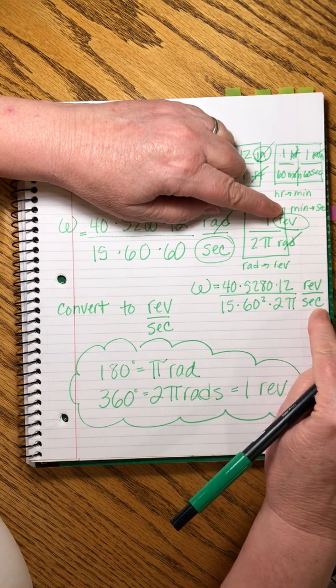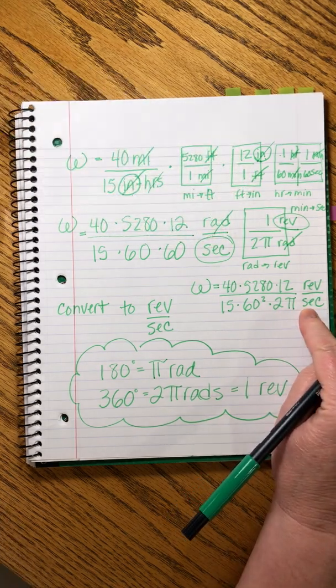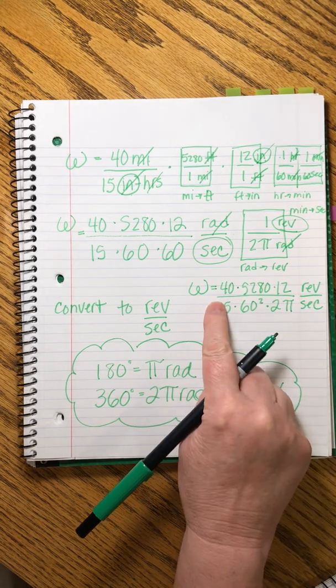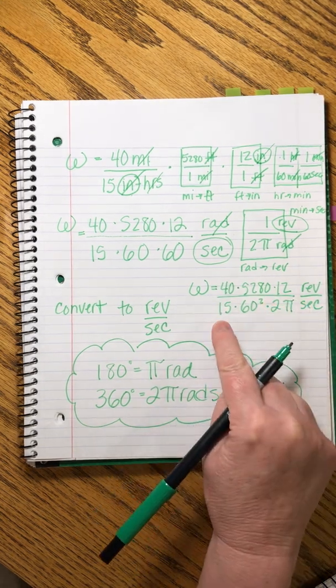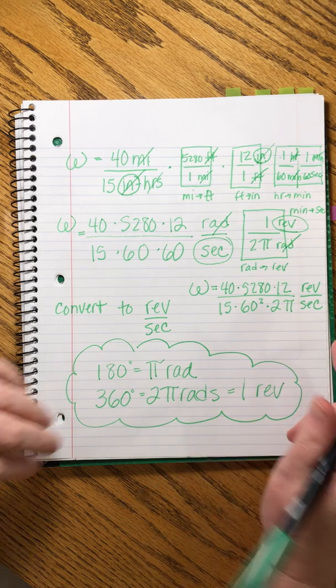Again, I like to write that out because if I just put the S, I'm skunked. Let me look. 40, 5280, 12, 15, 60, 60, 2 pi.